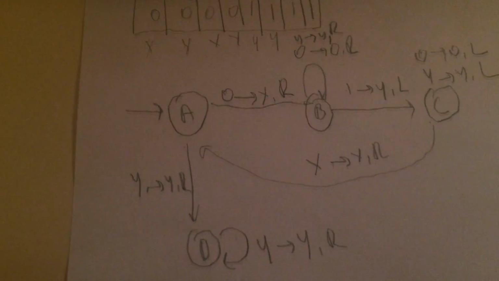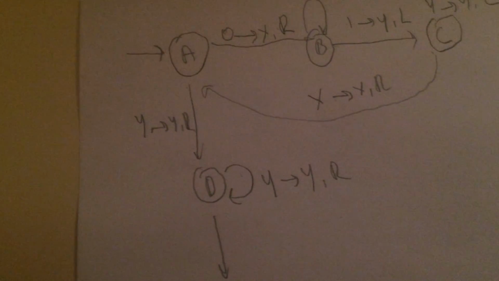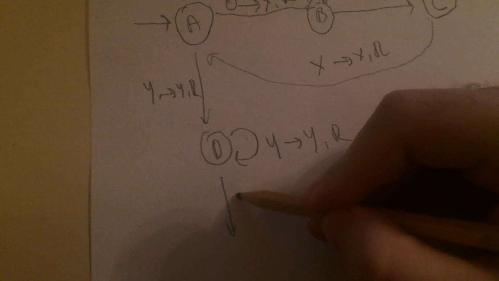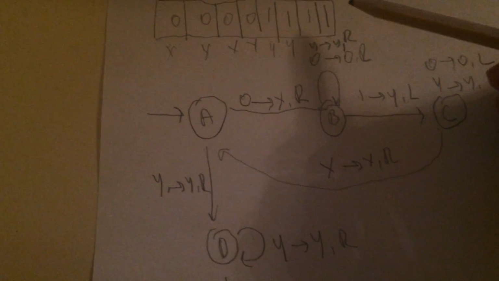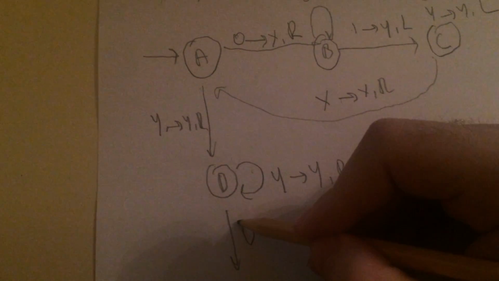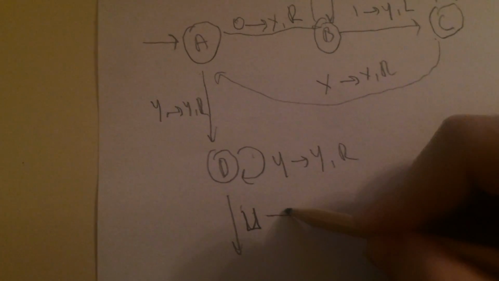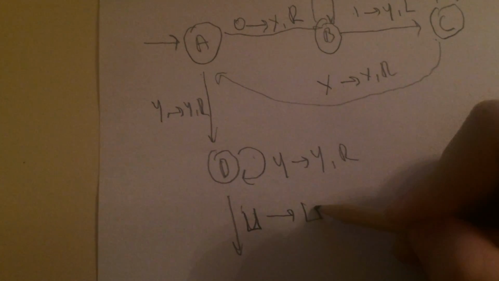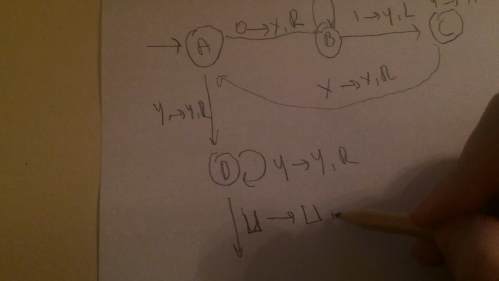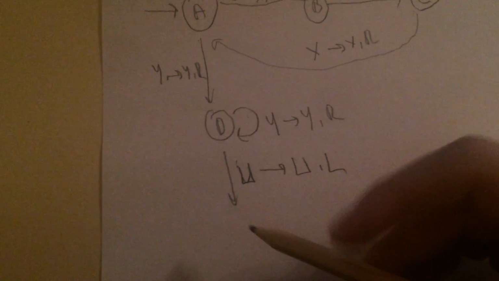After some point, you will see a blank, because we come to the end. Put a blank again, and go to the left one time to be in our accept state.